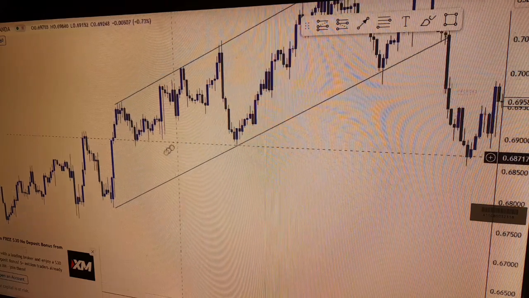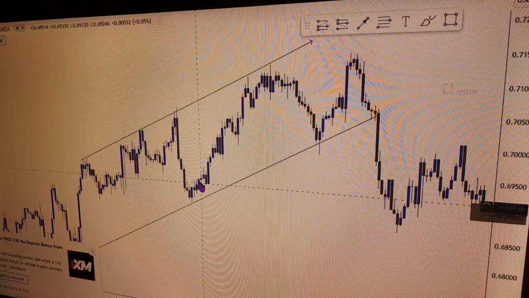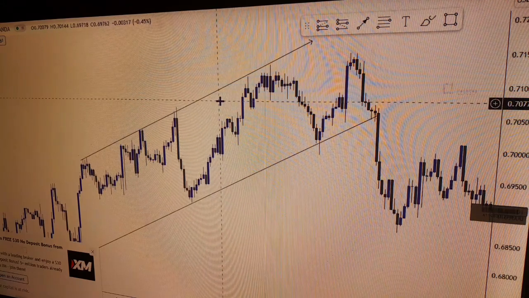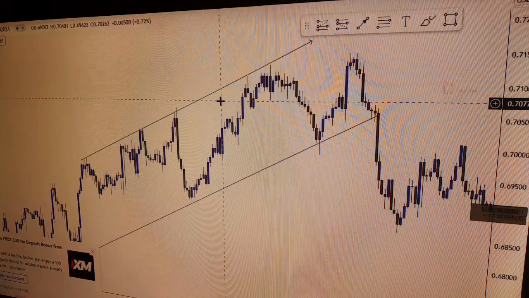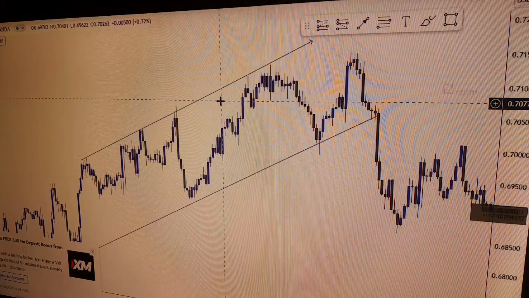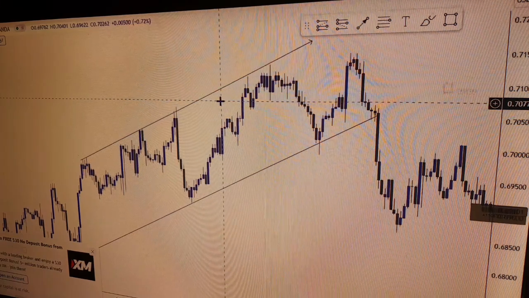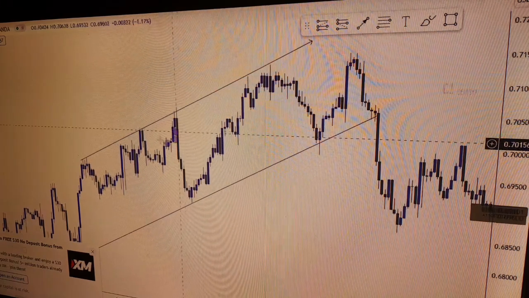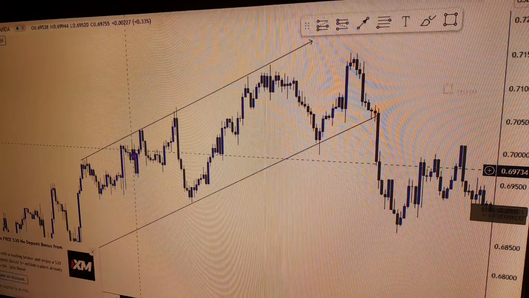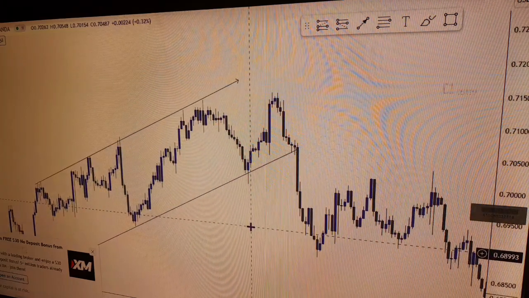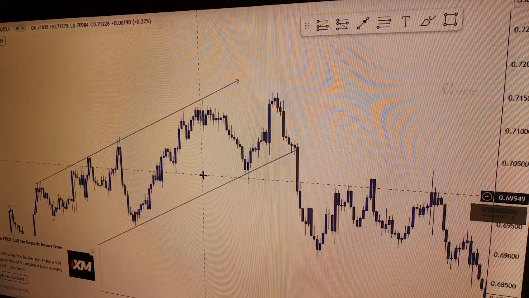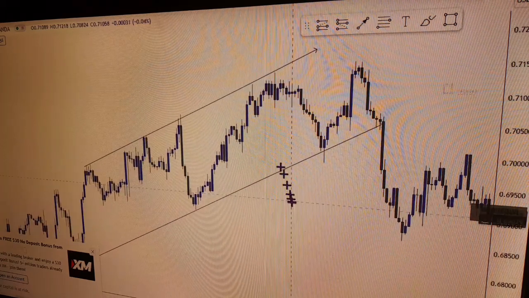So now that we see this channel whereby the market starts to consolidate, this shows that the sellers are trying by all means to beat the buyers, and the buyers are showing exhaustion in the market. Like I said, the risk entry, you always go for the risk entry, and you always have to have 3 touches.